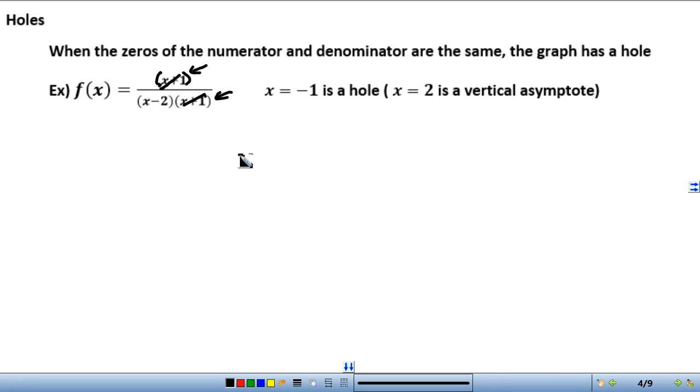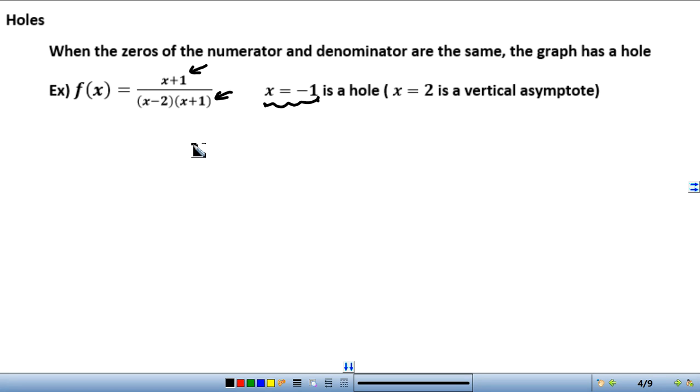So it's not going to give me an asymptote, but the problem is I still can't have, in this case, x equals 1 in the bottom, because this is part of my original equation. Even though it canceled out, it's still part of my original equation. So I can't have x equals 1 as part of the domain. So that's what's going to give me, or x equals -1, I'm sorry. So that's what's going to give me a hole at x equals -1. Even though it cancels out, it's not an asymptote, but I can't have that as part of the domain.